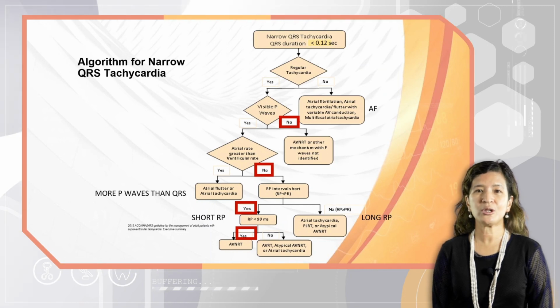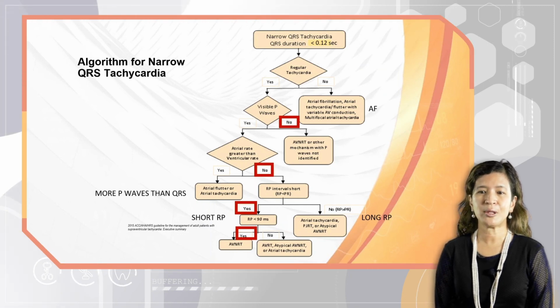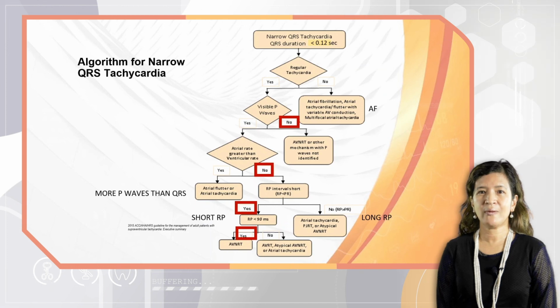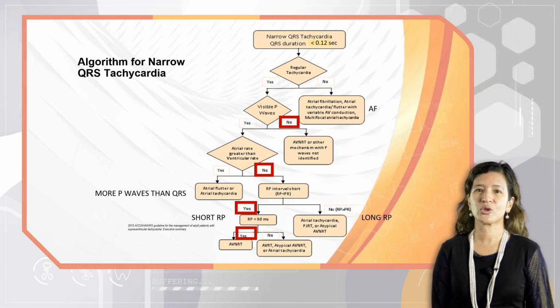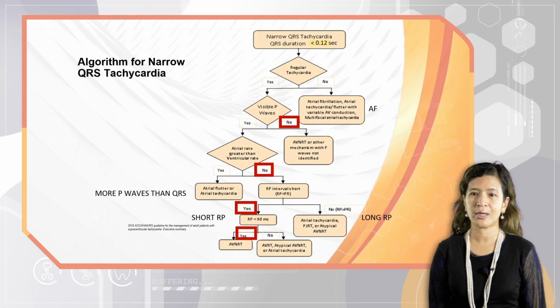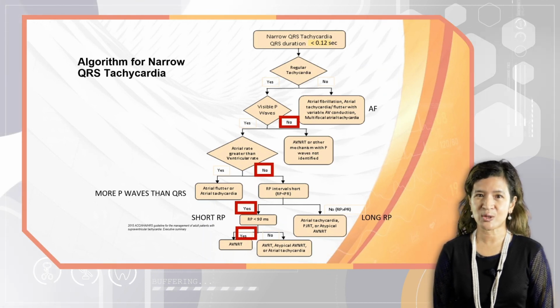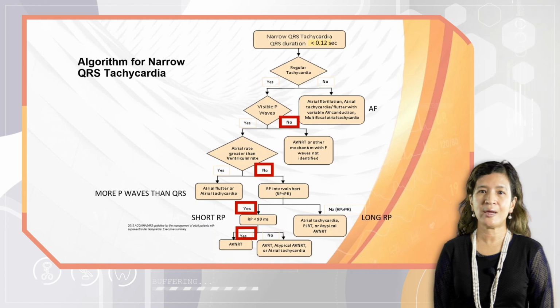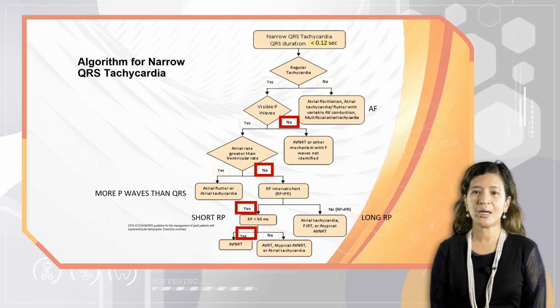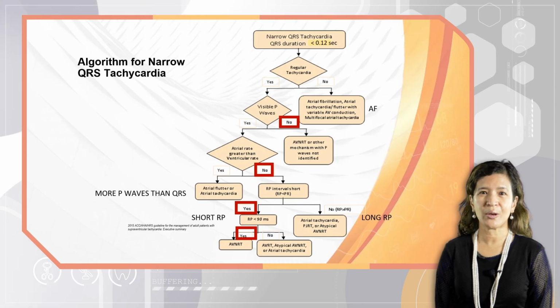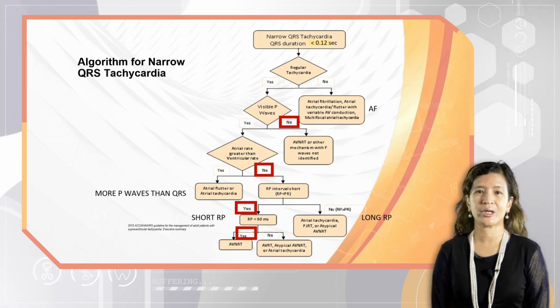So now you need to look for the P waves. Are the P waves visible? If you do not find P waves, or you find it hard to discern the P waves in a regular tachycardia, it's probably SVT, in particular AV node reentrant tachycardia or AVNRT. Now, if you see the P waves, you have to count: are there more P waves than QRSs?